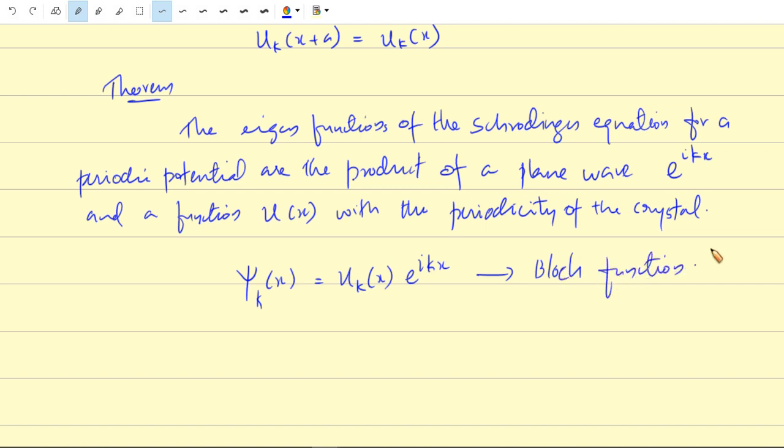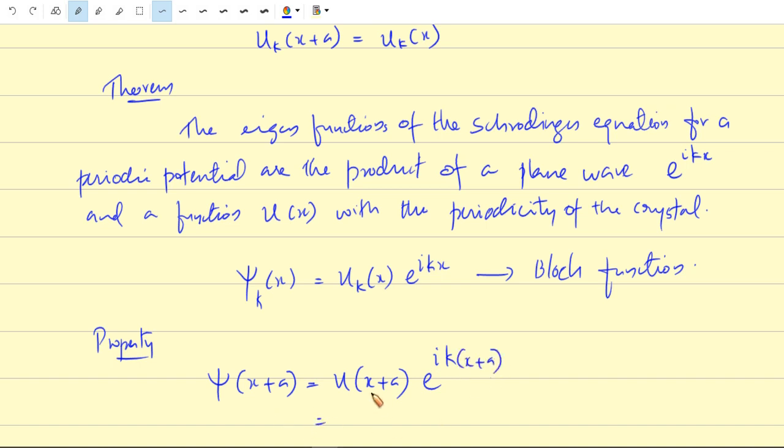So a periodic potential has a Schrodinger equation solution in the form of a Bloch function. The function has an important property. What is psi of x plus a? This is nothing but u of x plus a, e raised to ik into x plus a.